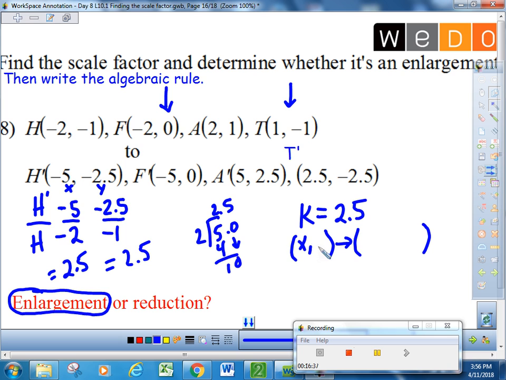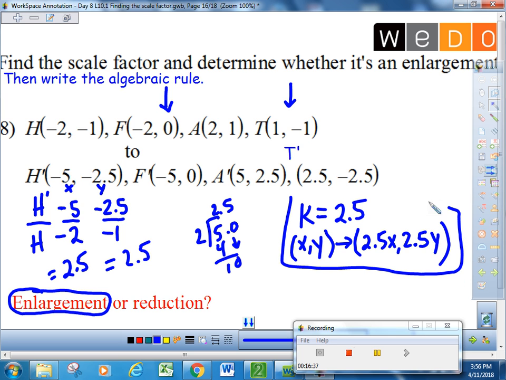All right, xy becomes 2 5/10 x, 2 5/10 y. And there's my answer, that and enlargement.